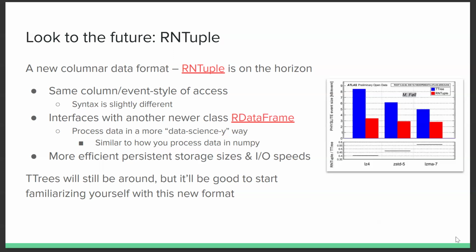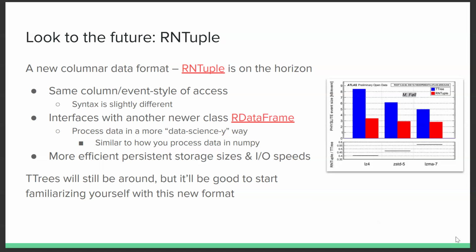So TTrees will still be around, but I do recommend that it's a good idea to start familiarizing yourself with this new format. And I say that as somebody who hasn't done that yet, but it's relatively new. I think only since ROOT 6.34, which is relatively recent, this has been available for everybody to use.